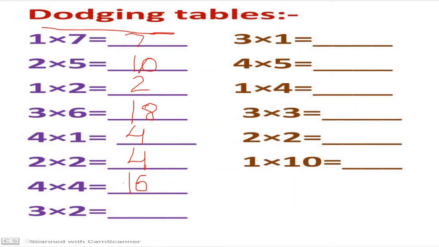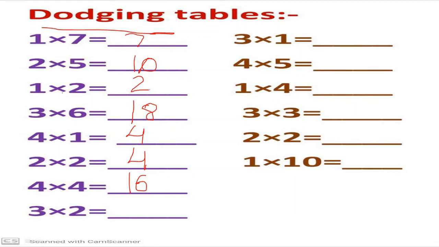What have you observed? If you want to practice dodging tables, what is necessary? I told you before, after starting the year, that you must memorize the table each and every day. In each and every lecture, I inform you that you have to memorize the table. And where will dodging tables be useful? Yes, it will be useful while doing multiplication sums.